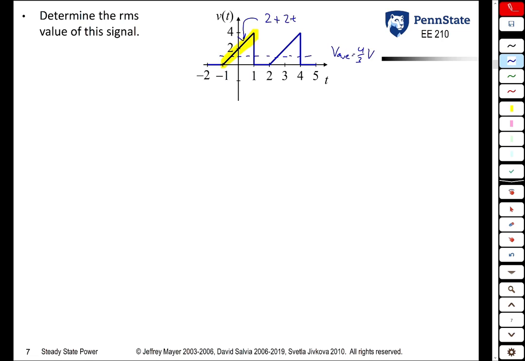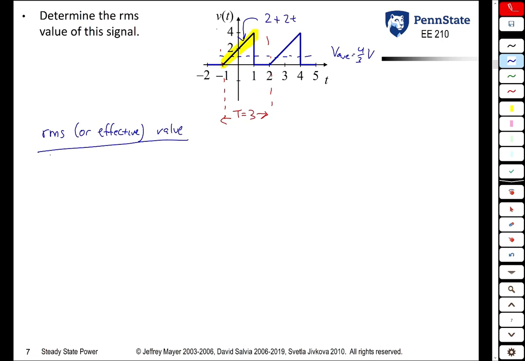Next thing we want to determine is what is the period. The signal repeats every 3 seconds. So the period is 3 seconds. So to calculate the RMS or effective value, what do we need to do?